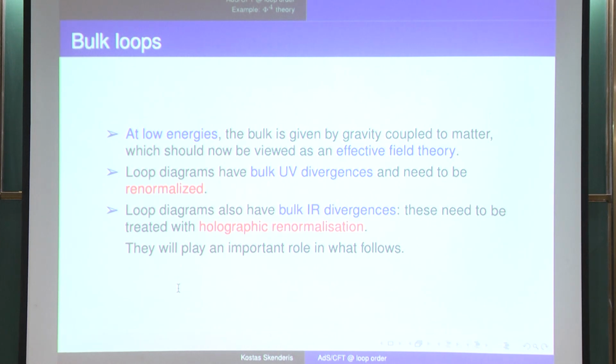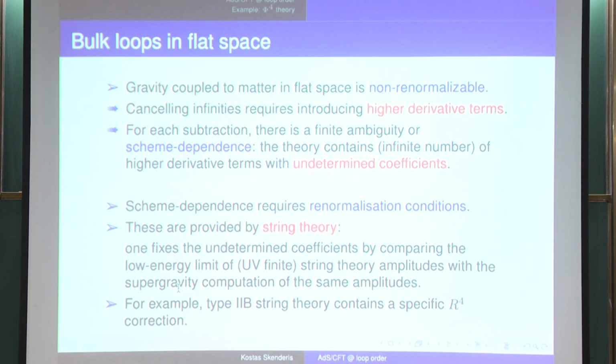And loop diagrams, of course, do have bulk UV divergences, and they must be renormalized. But loop diagrams also have bulk IR divergences, and this would need to be dealt with by holographic renormalization, and there will be an interplay, as we will see. So before I move to bulk loops in AdS, because I think we shouldn't hurry with this, it is a good time to break.